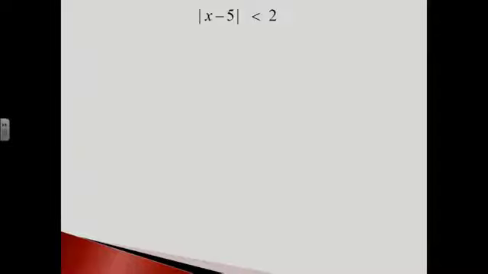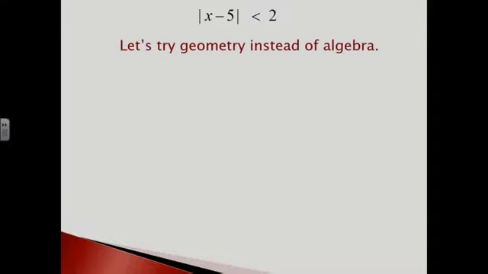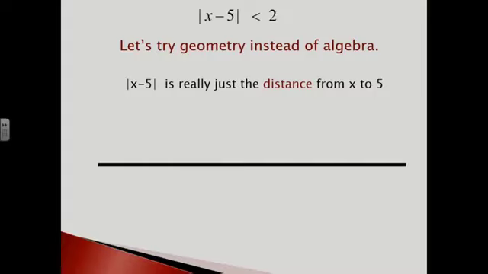That is one way to solve the inequality. Here is another way. The absolute value of x minus 5 is less than 2. We can use geometry. Remember that the absolute value of x minus 5 is the distance from x to 5. Plot 5 on the number axis. We find 2 points on the left and on the right of 5 that have a distance to 5 equal to 2.